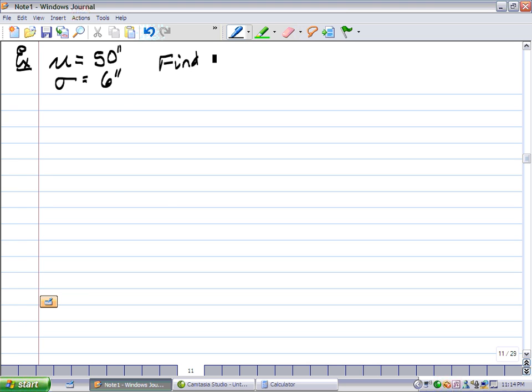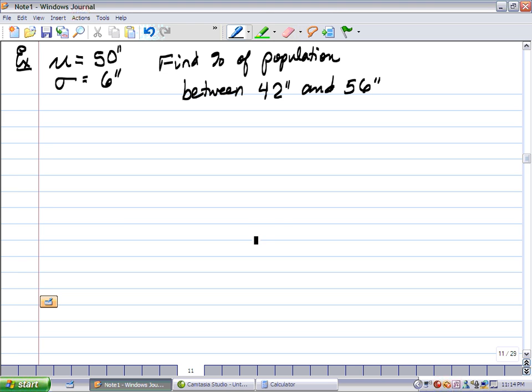Let's find the percentage of the population between 42 inches and 56 inches.